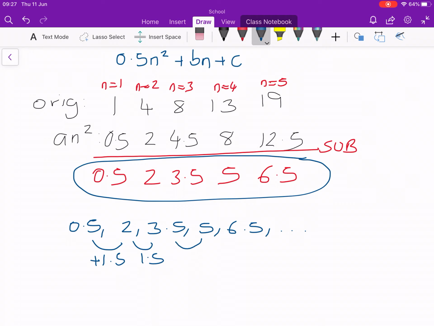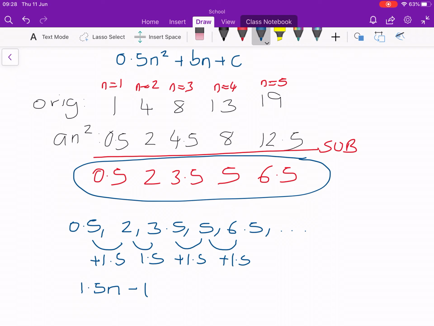Therefore the nth term of that is going to be 1.5n. Then you have to work out how to get from 1.5 down to 0.5, and to do that, you take away 1. So your nth term of this is 1.5n minus 1.